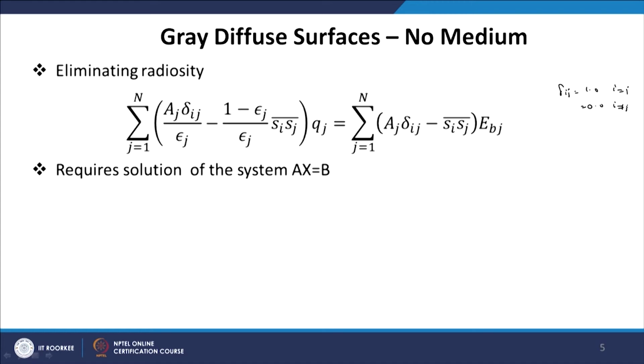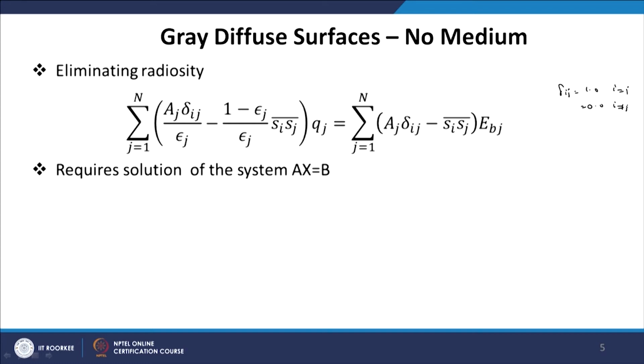We can write the expression as Aj delta ij upon epsilon j minus (1 minus epsilon j) upon epsilon j Sij, and on the right hand side we have the emissive power for the surfaces for which temperature is known.